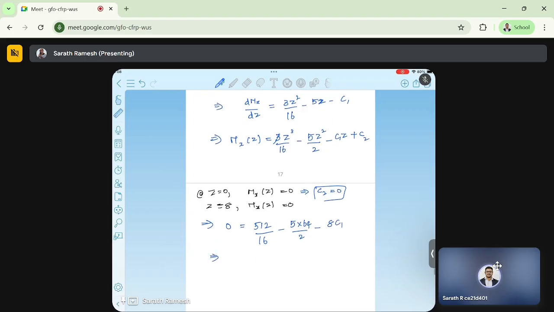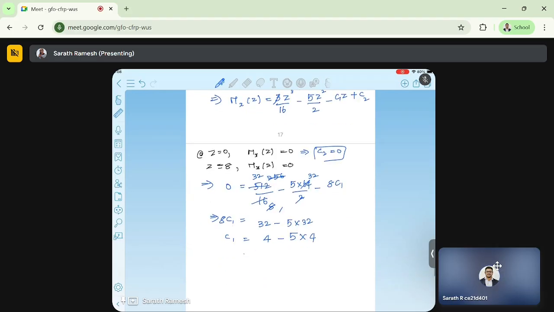So this implies 0 equal to 32 minus 5 times 32 equal to 8C1. Now C1 will be 4 minus 5 times 4, which is 4 times 4 minus 16. Okay, C1 is minus 16.